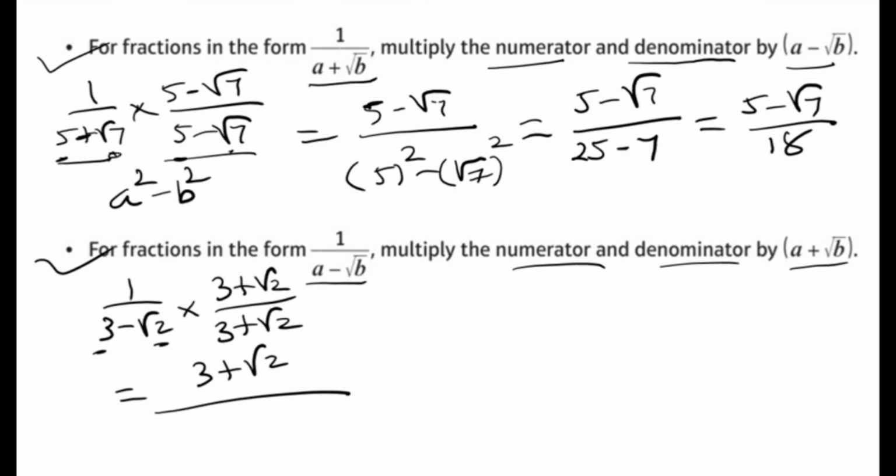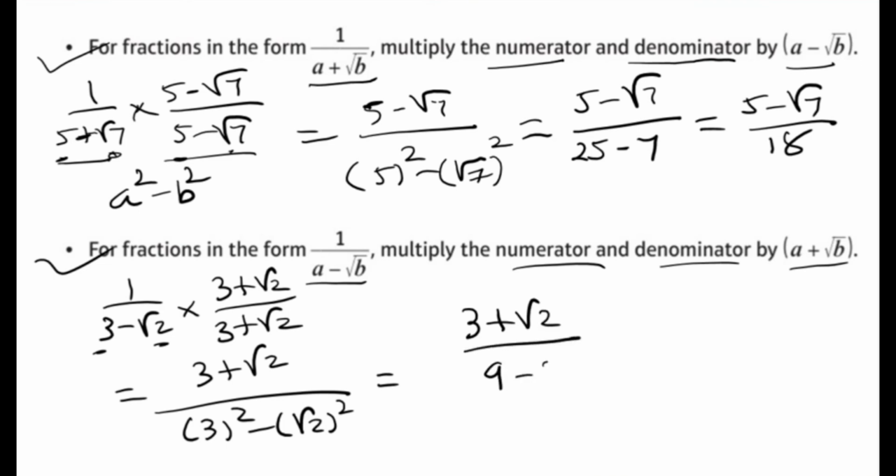You can multiply it out expanded also, but this is easier. So 3 squared minus root 2 squared: 3 plus root 2 over 9 minus 2, 3 squared is 9 and root 2 squared is 2. So 3 plus root 2 over 7.